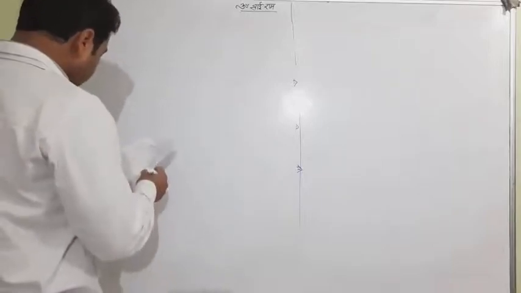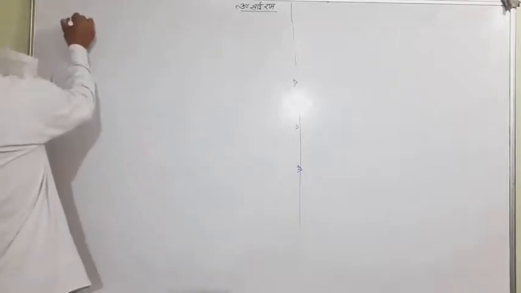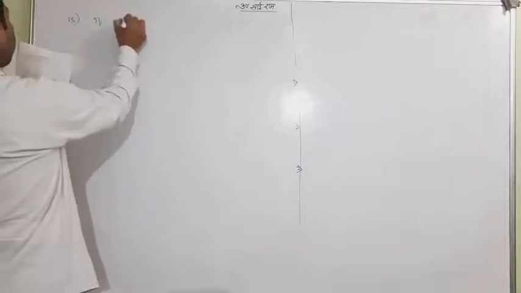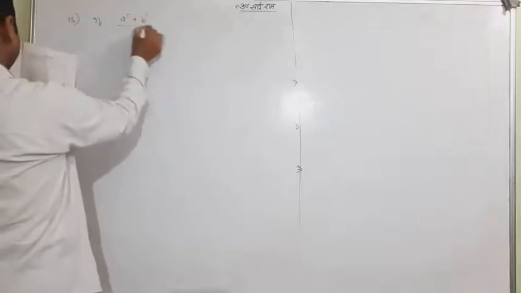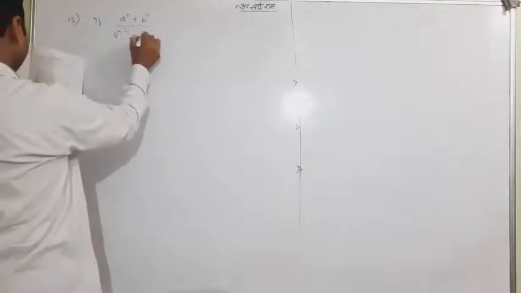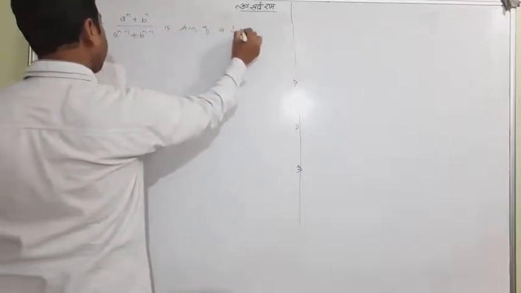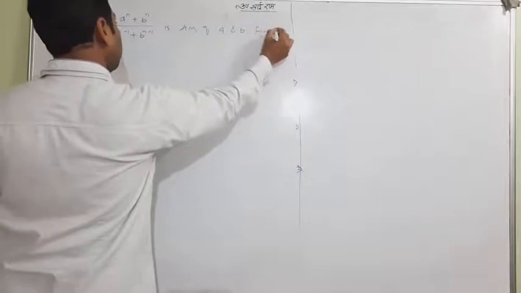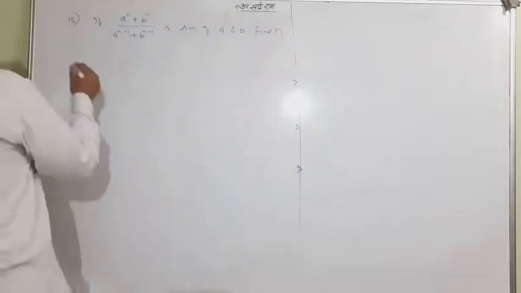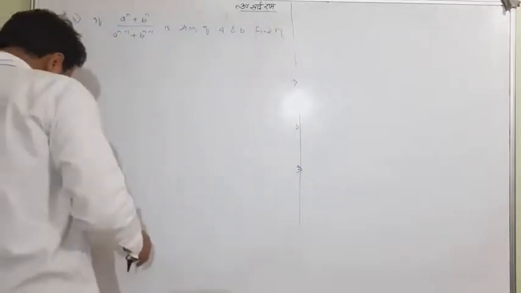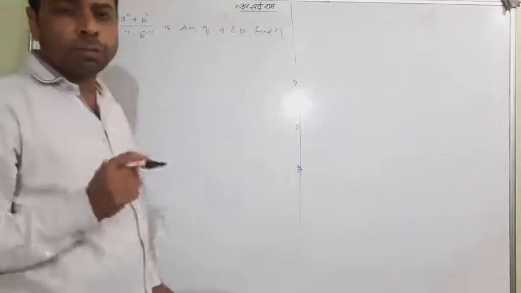Question number, I have 15th one. If (a^n + b^n)/(a^(n-1) + b^(n-1)) is the arithmetic mean of a and b, find the value of n. This is the question. I tell you, it is one of the very good questions for exam.